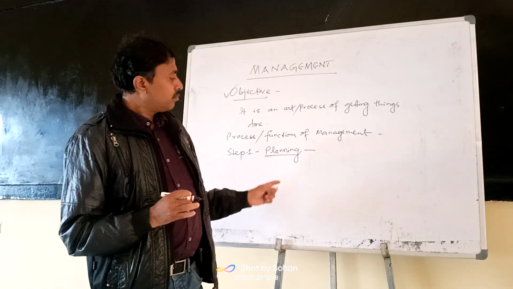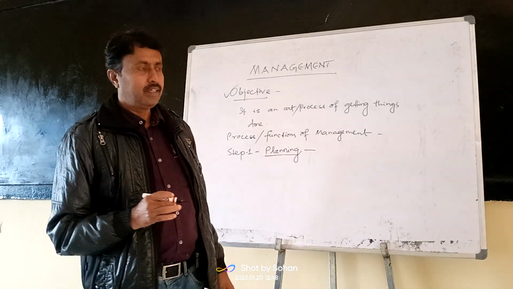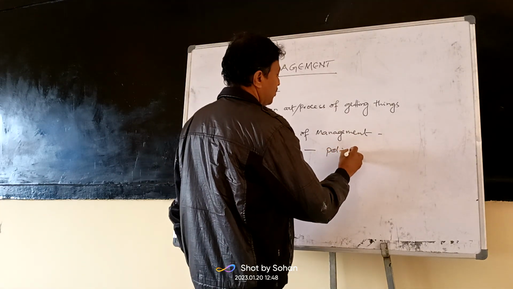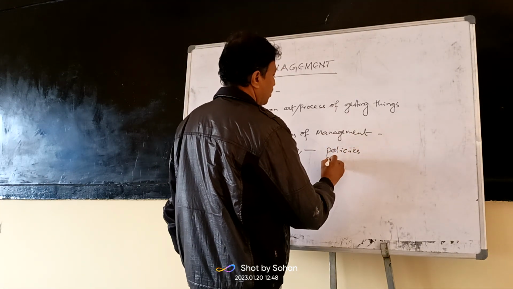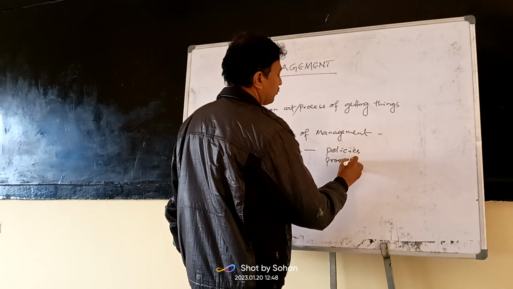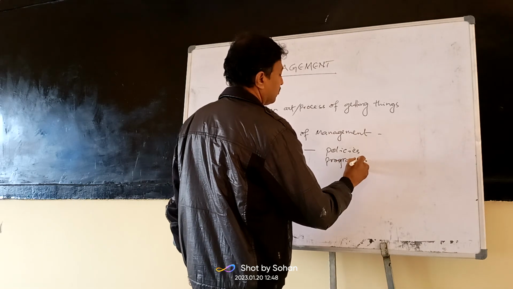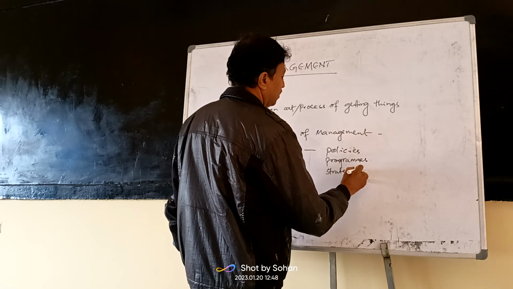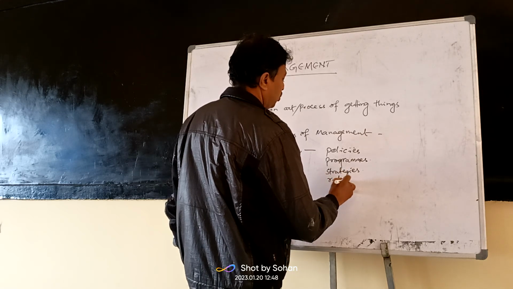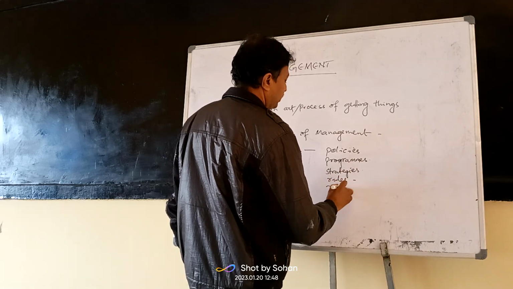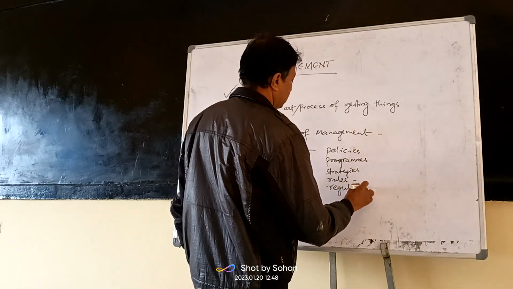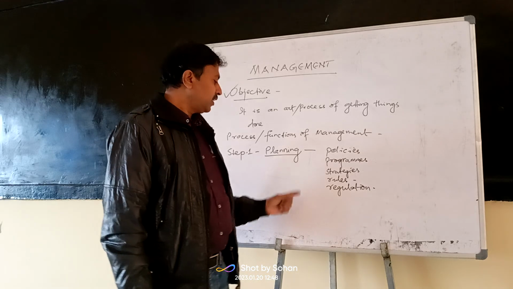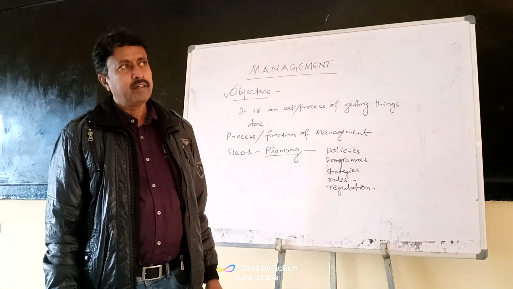Okay. So there are different types of plans, like the policies, programs, strategies, rules, regulations. So one has to keep in mind different things, and accordingly plans are made.